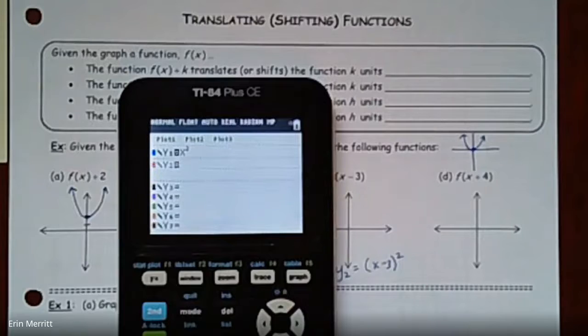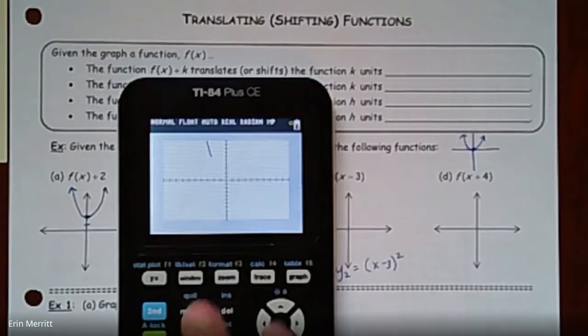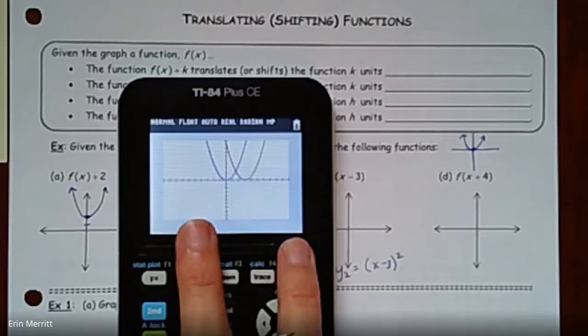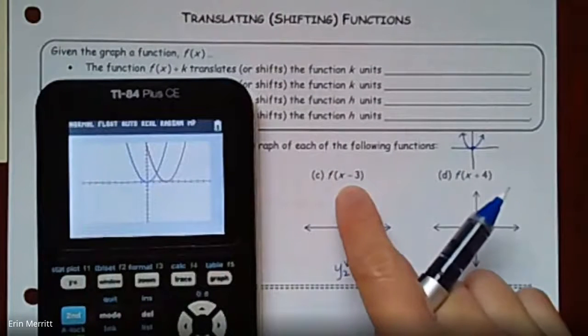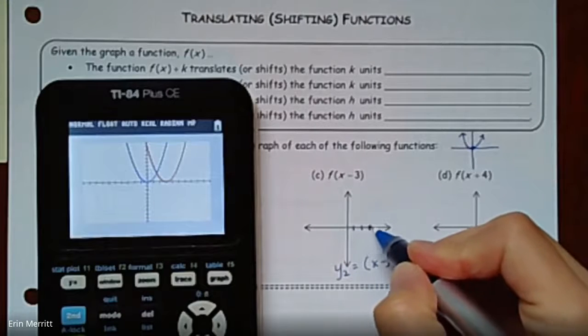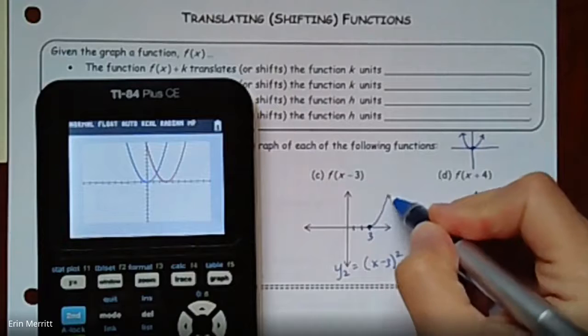Leave the original one, and then I'm going to put in parentheses x minus 3, close it up, and square it, just like that. So now when I graph it, there's the original. And now here is this guy. If you take a look, the vertex is actually over here at positive 3.